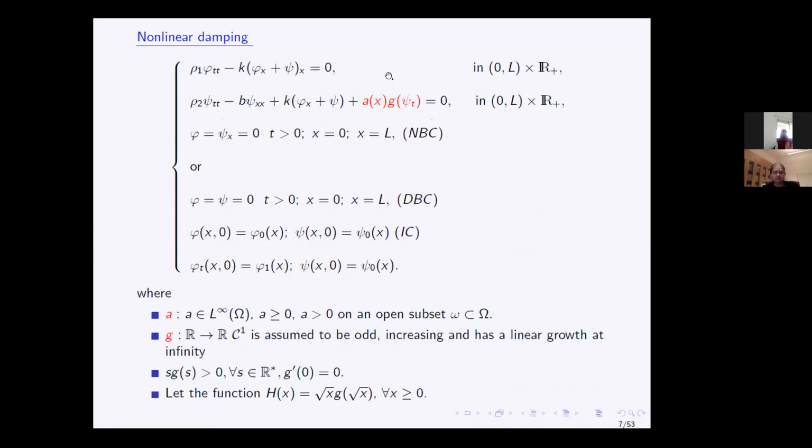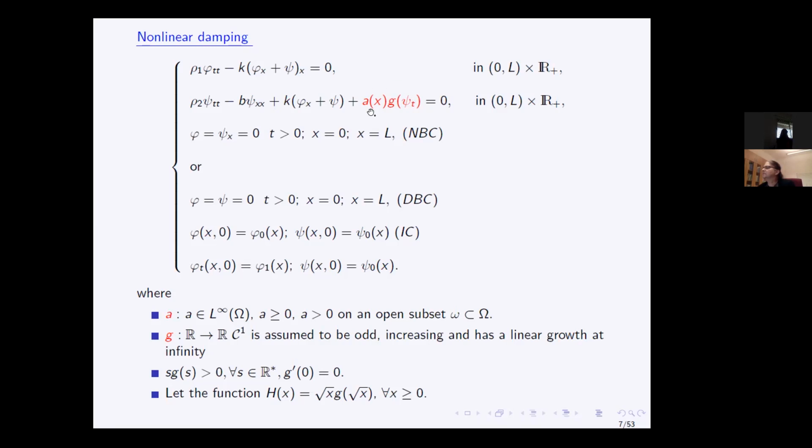Now, if you assume that we have this system, that means the conservative system without any linear or non-linear term, and we add to the second equation a non-linear term of the form of a function that depends only on x, and also we can assume a more general non-linear damping.